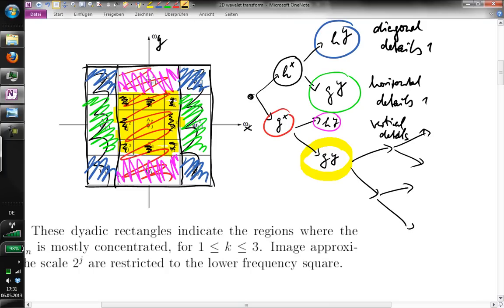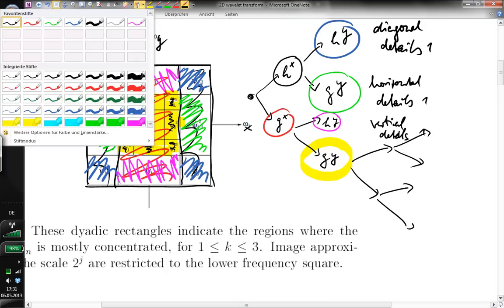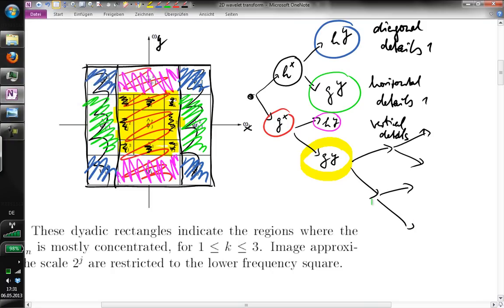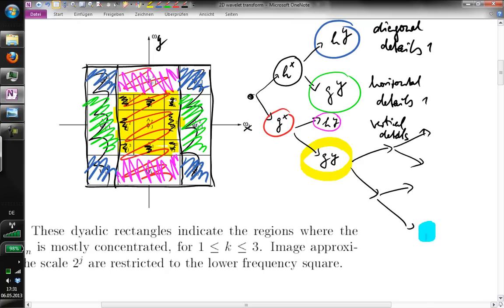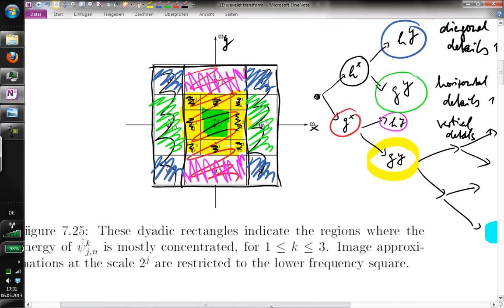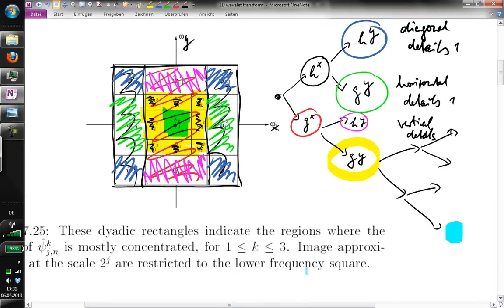And perhaps there's another fancy color left. We haven't used that one yet. And I have my new approximation, which is here an even lower pass image in the very middle. Okay. My most colorful drawing ever. Does that make sense so far?